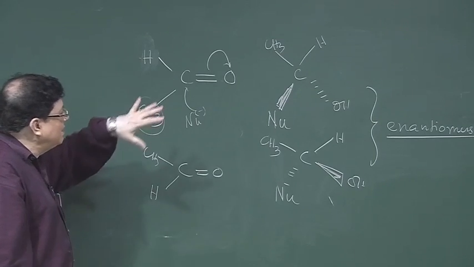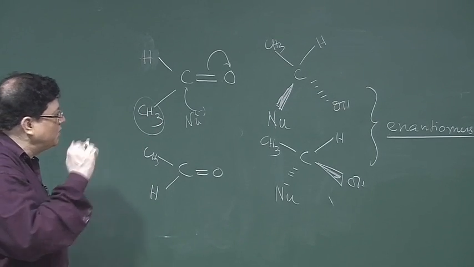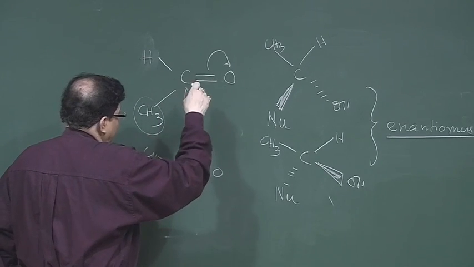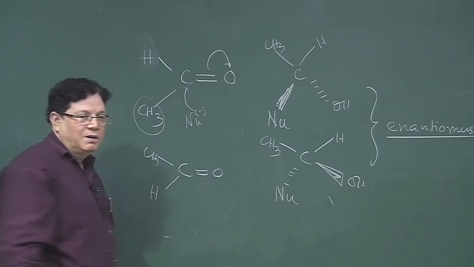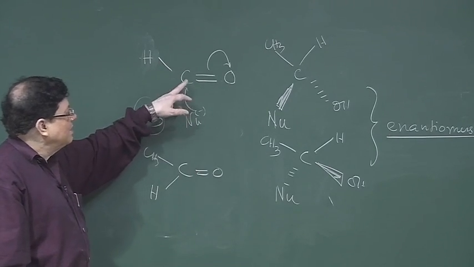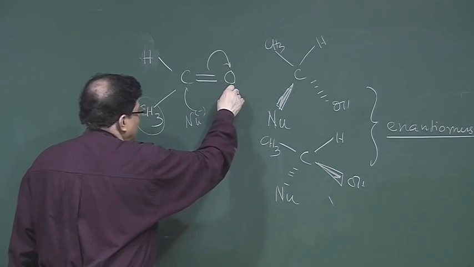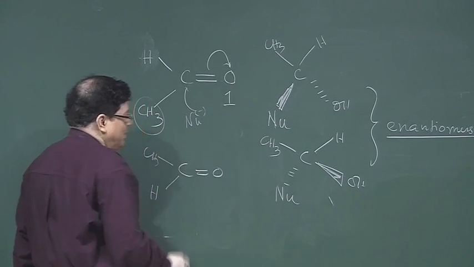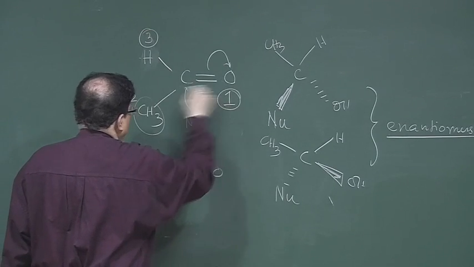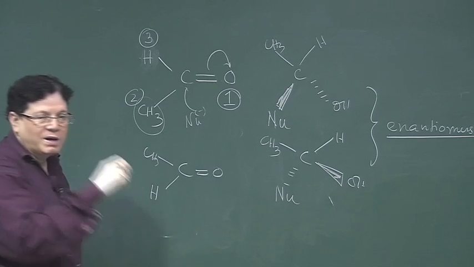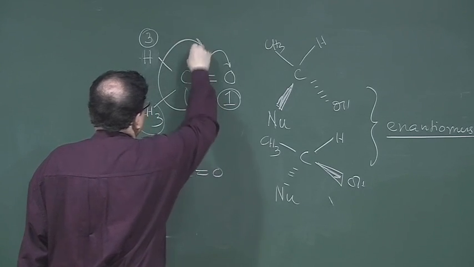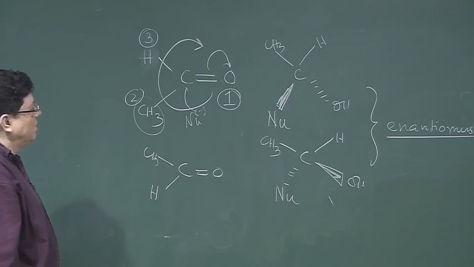Now, how to assign the descriptor for the two faces? This is done by again giving priority. Now, we have 3 ligands on this carbon, so we give the priority according to the atomic number. So, this is number 1, this is number 2 and this is number 3. So, you see what is the direction going from 1 to 2 to 3. So, this is now clockwise.